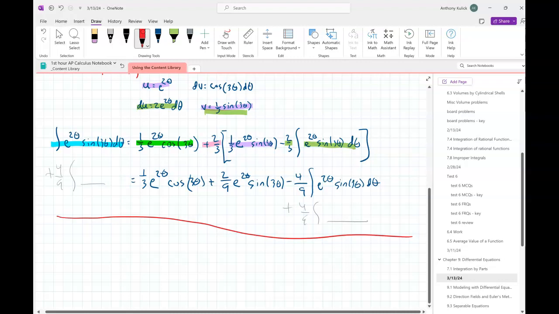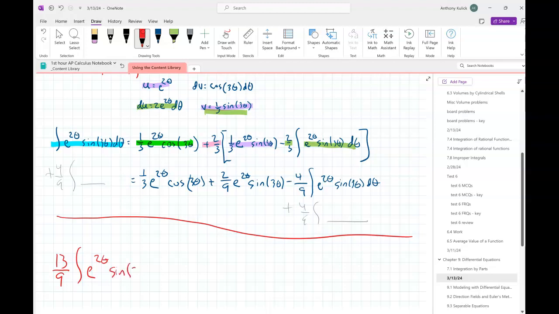So that's going to give me 13/9 e to the 2 theta sine 3 theta d theta equals 1/3 e to the 2 theta cosine 3 theta plus 2/9 e to the 2 theta sine 3 theta.